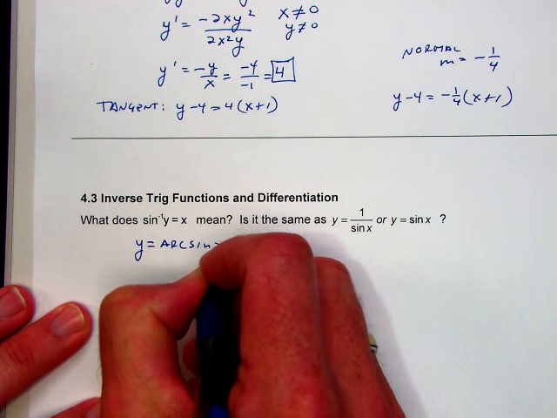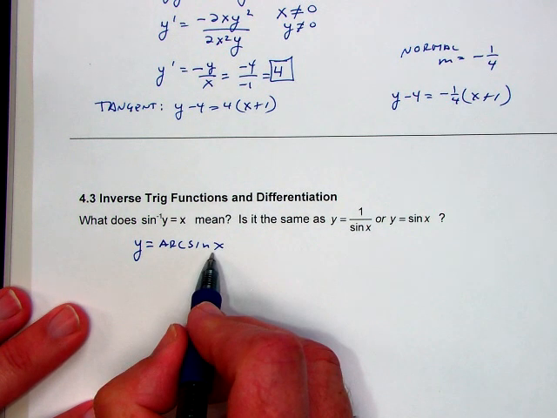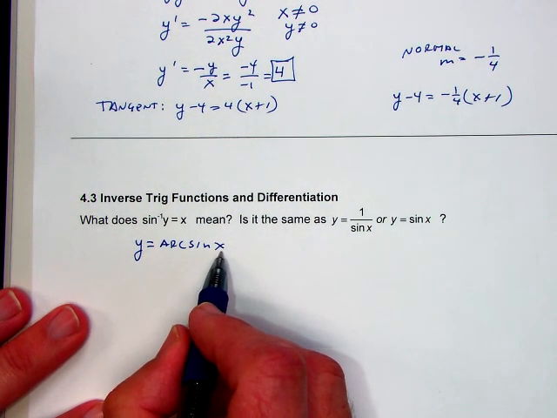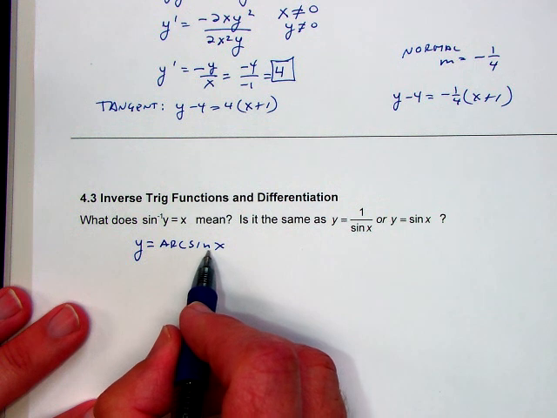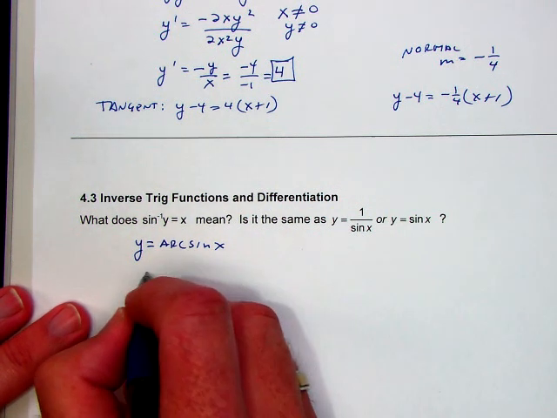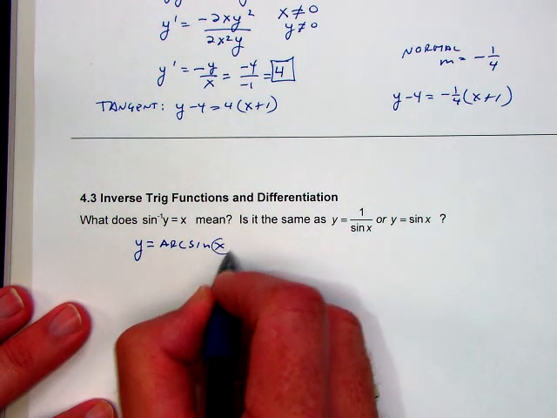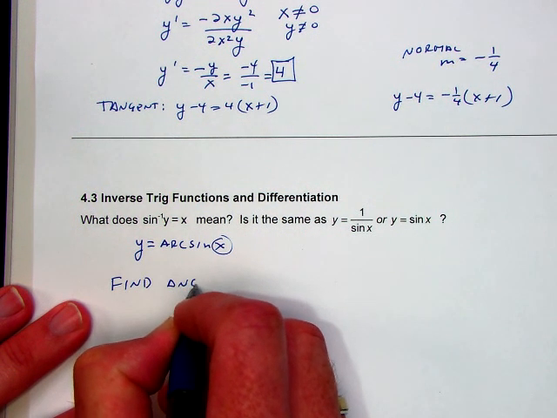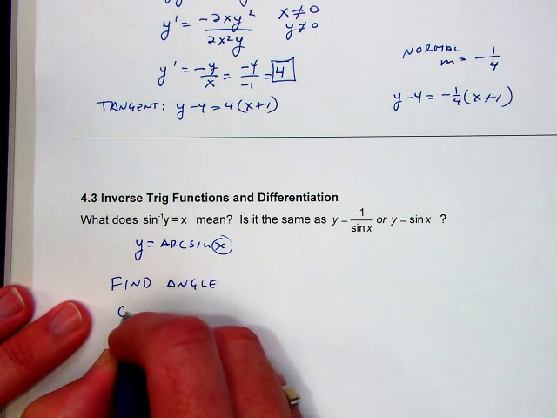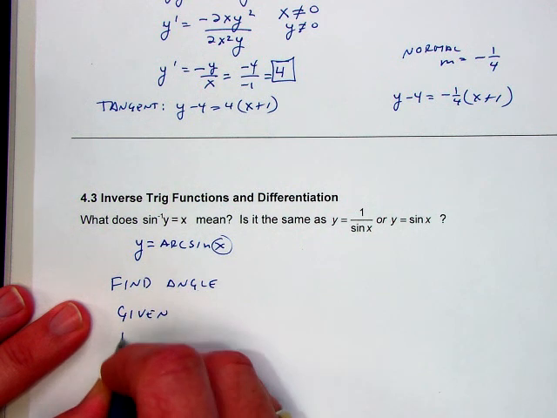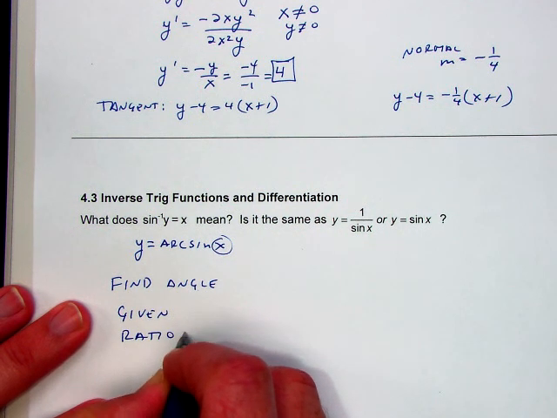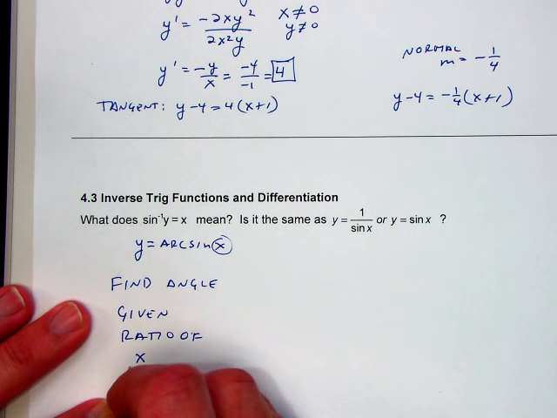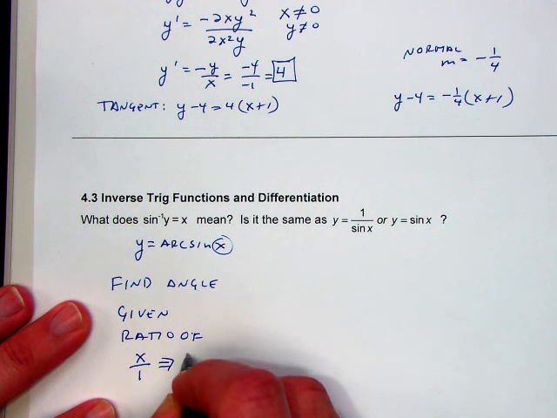And remember, x is a ratio and this finds an angle, given a ratio of x over 1, which is the opposite side over the hypotenuse.